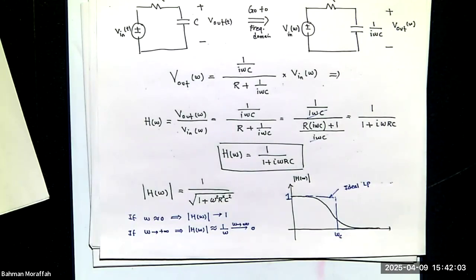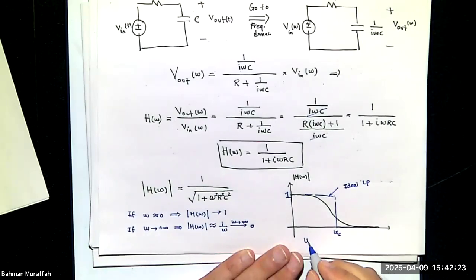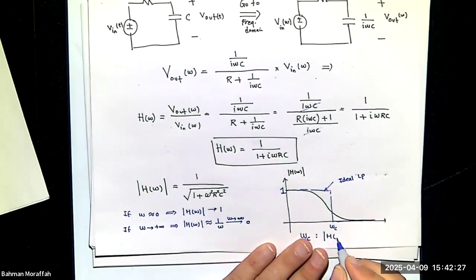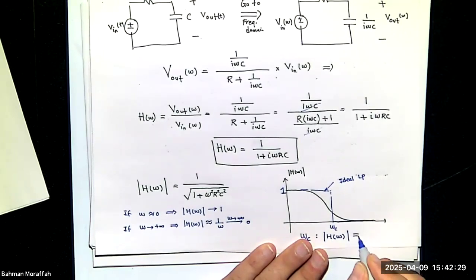It turns out this omega c is where the magnitude of H of omega is 1 over square root of 2, which is basically negative 3 dB. We're going to talk about dB later. But for now, to determine what this omega c is, this omega c is the frequency at which the magnitude of H of omega is 1 over square root of 2.